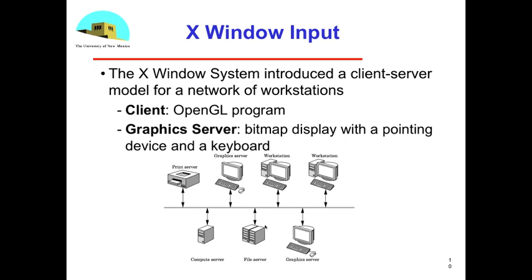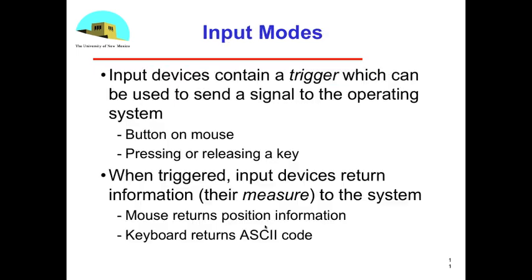Okay, now let's get to the most interesting part, which are the different modes that we could support. An input device has two basic properties. It has some way of triggering it, which is generally the button on the device. If it's a stylus, it might be something that pushes down on the tip of the stylus or senses something. If it's a keyboard, the pressing or releasing of the key are triggers of the device. When the device is triggered, it returns something back to the computer.